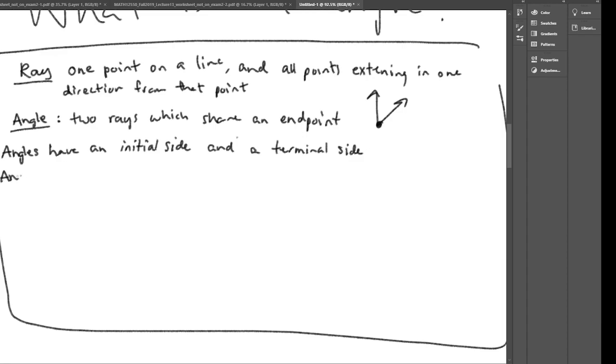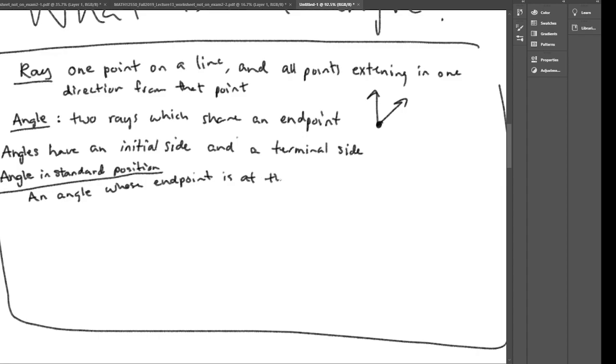An angle in standard position, which is overwhelmingly the kind of angle that we will talk about in this class, is an angle whose endpoint is at the origin, so point (0, 0) on the xy plane, and whose initial side points straight to the right.